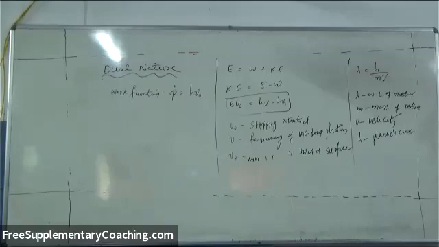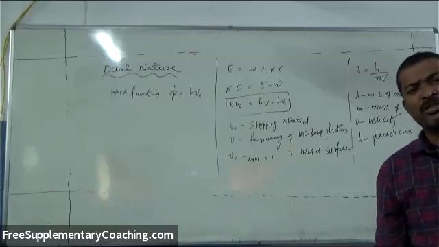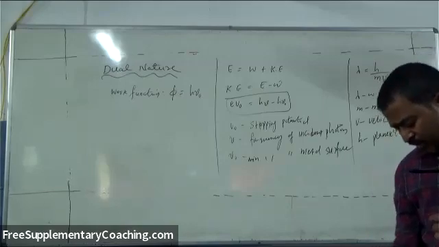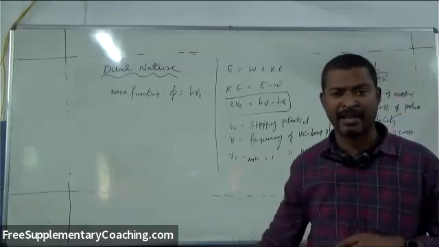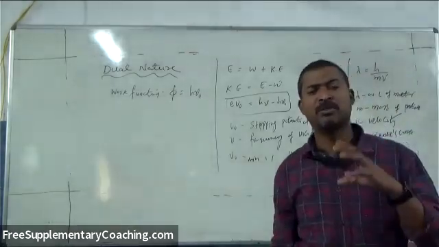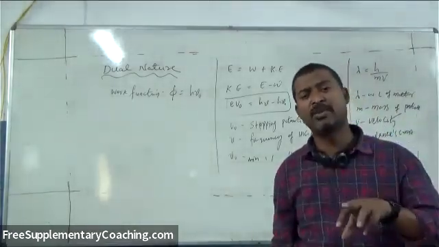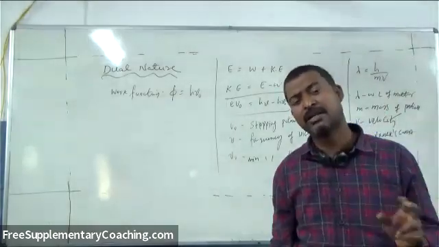If you want to write the Heisenberg uncertainty principle, what is it? It is not possible to measure the position and the momentum of a particle at the same time.